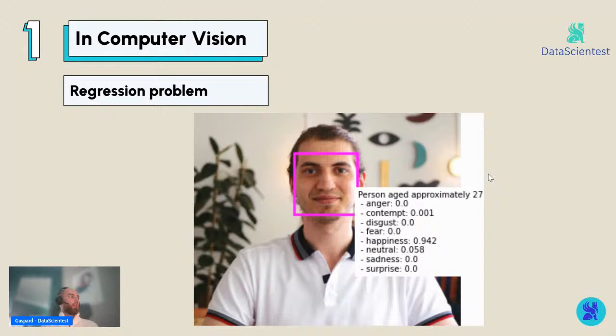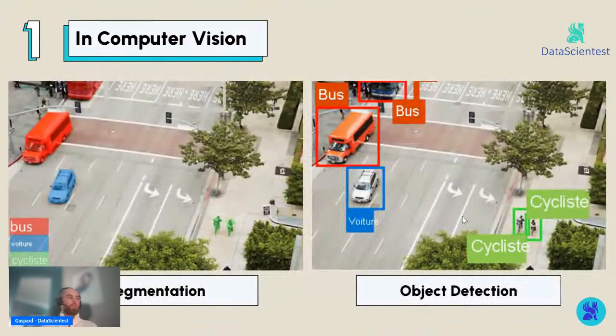We can also try to solve a regression task, which means extracting some quantitative value from the image. For example, the coordinates of what we call a bounding box to detect an object, and for face detection problems. We can also try to predict some characteristics about anger, happiness, or some information that we can extract from the image. So once again, when we deal with images, we can do pretty much everything we want with neural networks. It's really flexible.